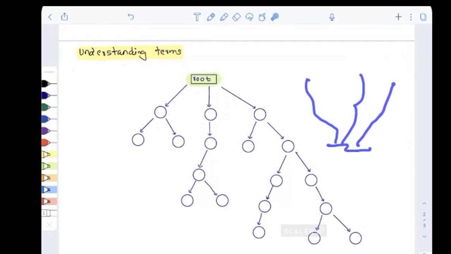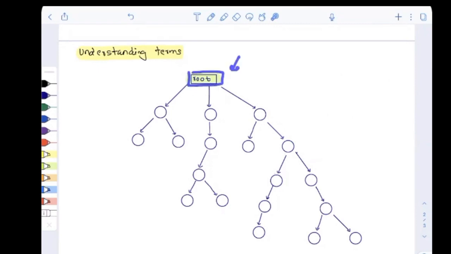But here it is just reversed, like we are flipping this complete diagram. So the root is the topmost node of your tree, the single originating point.